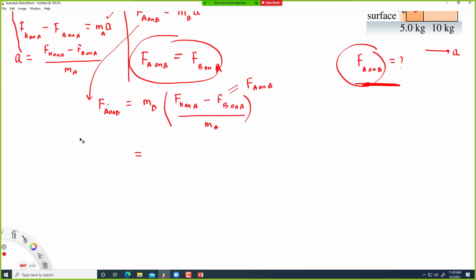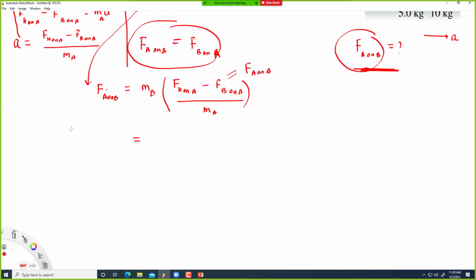So to solve that, same kind of idea, just a little bit different kind of math here. Let's simplify this by multiplying both sides by M A. Okay, M A cancels.